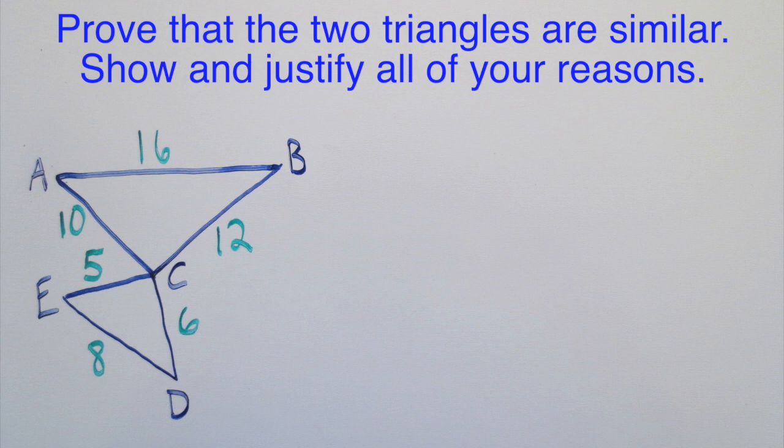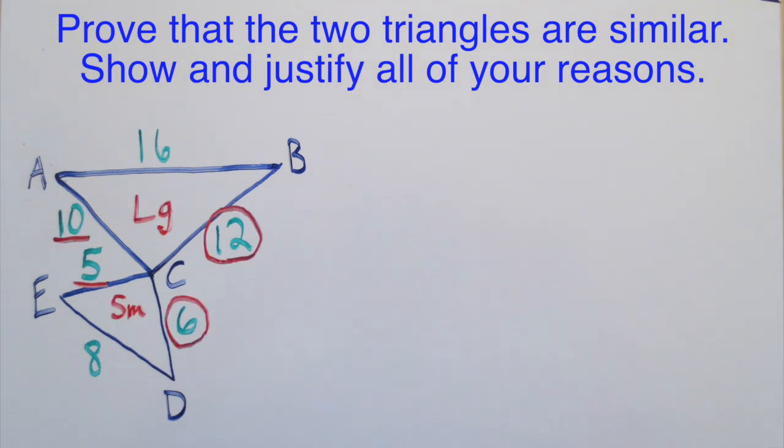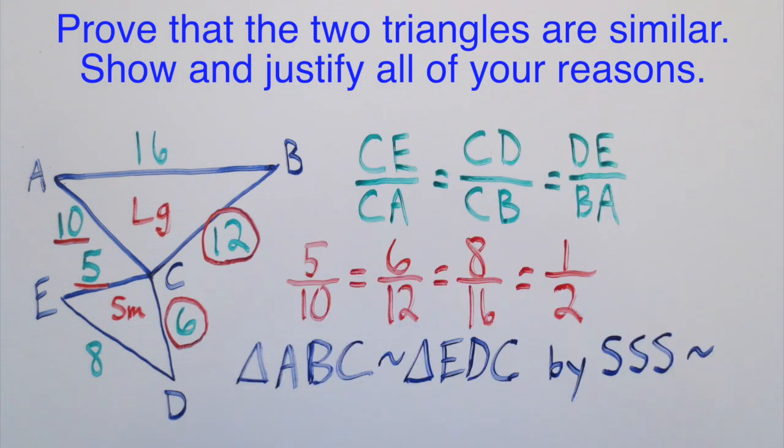So hopefully you realize that the drawing looks a little crooked. That's actually on purpose. The line from A to D is not one straight line, and same thing from B to E. So you don't actually have vertical angles that you can mark. Alright, so here's some useful marks you could have made, and here's the answer.